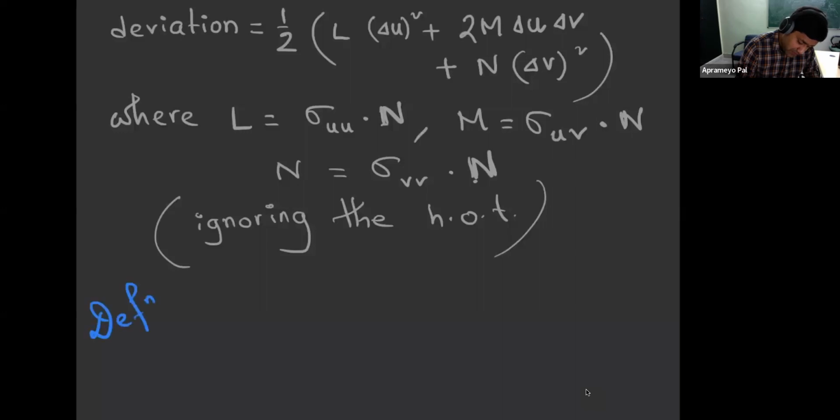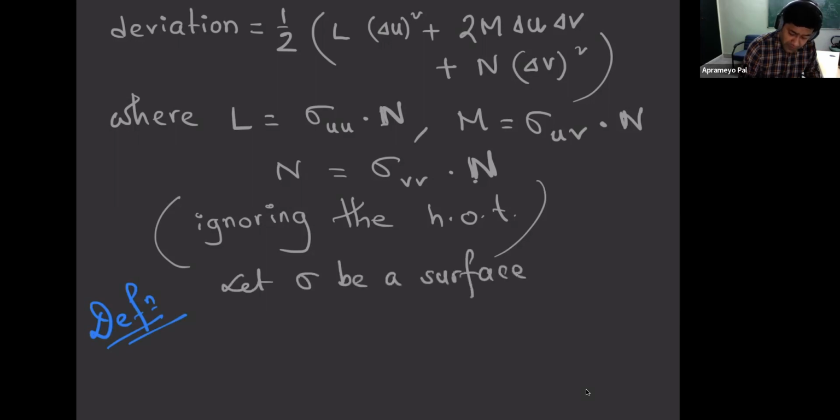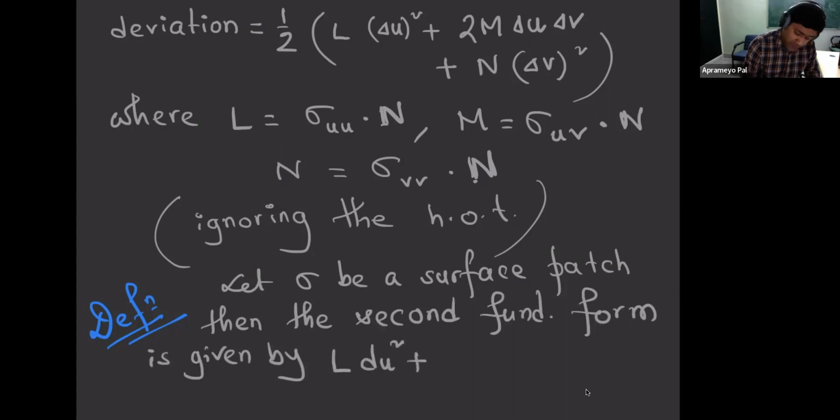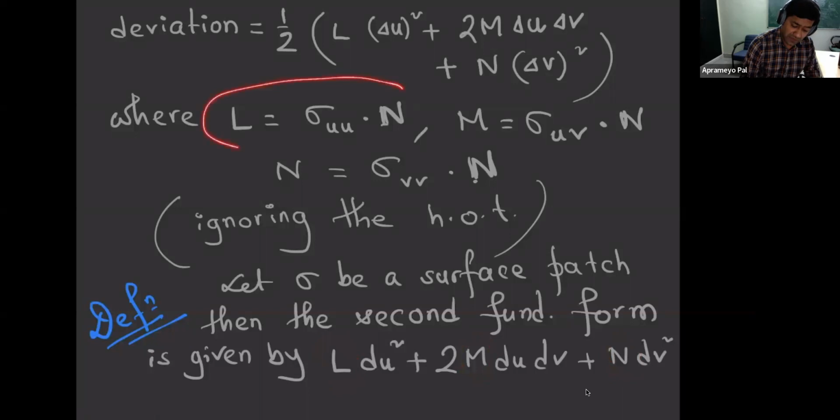Definition. Let sigma be a surface patch, then the second fundamental form is given by L du square plus 2 times M du dv plus N dv square, where L, M, and N are essentially defined like this.